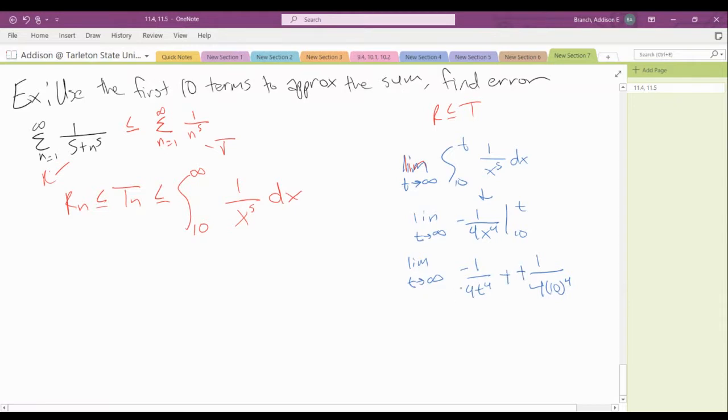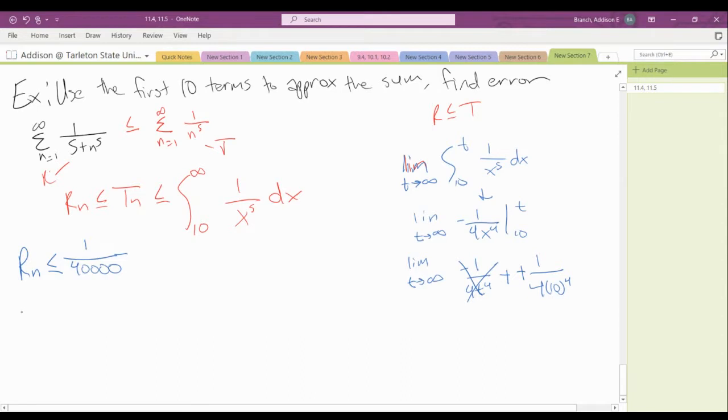If we do our limit as t approaches infinity, this is going to go to 0, since we're going to get 1 over infinity. So then, we know that our error for our r sub n has to be smaller than 1 over 4 times 10 to the 4th, or 1 over 40,000.